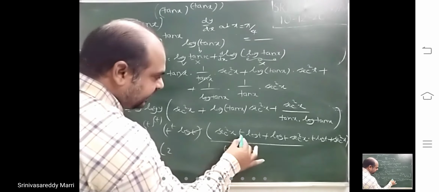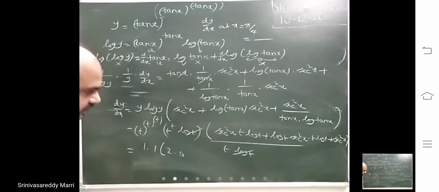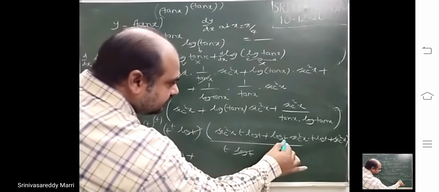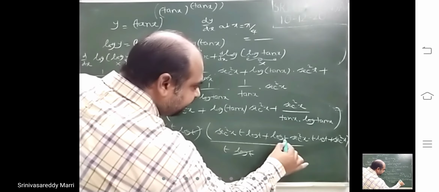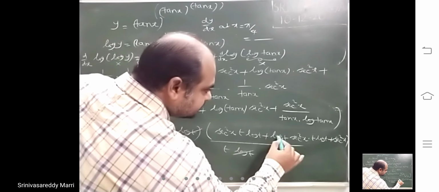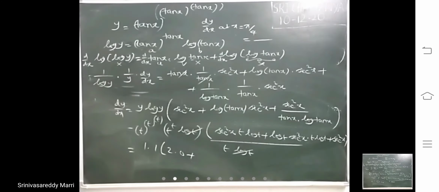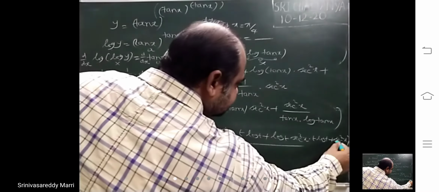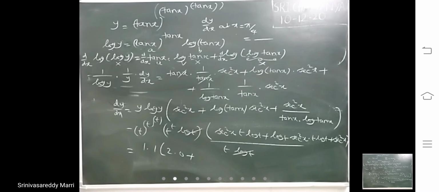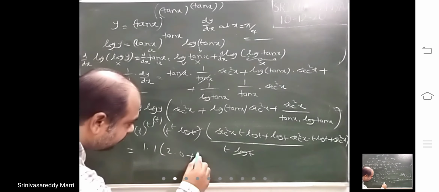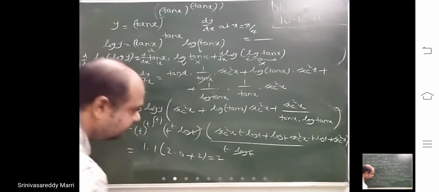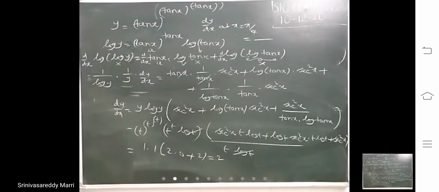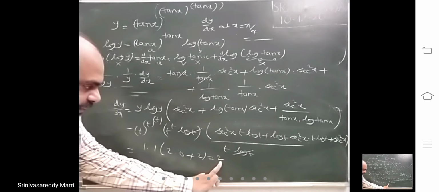This is 1 into log 1, 0, plus log tan pi by 4 is 0. So secant square pi by 4 is 2. That means what is the answer? 2. So dy by dx at x equal to pi by 4 is 2.